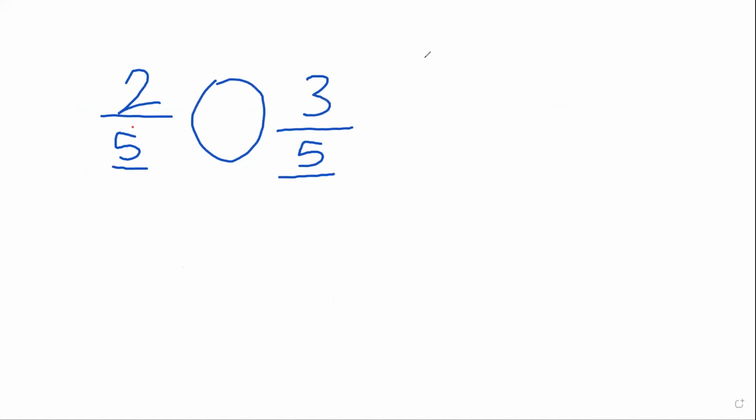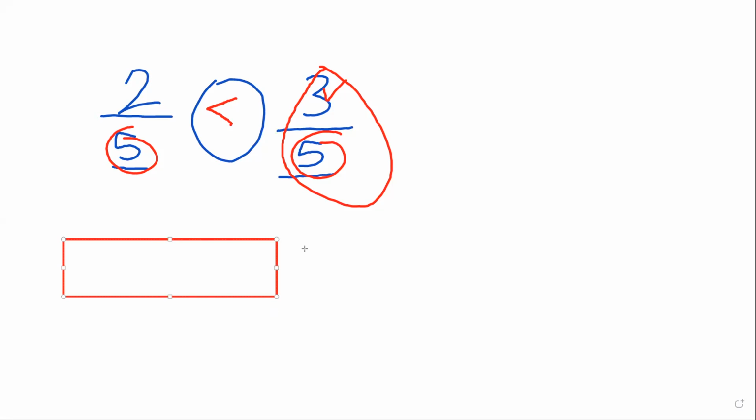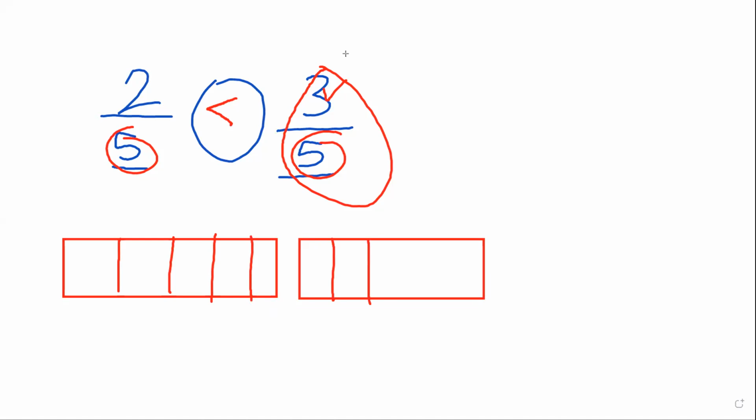If they have the same denominator, the one that has the greatest numerator will be the greater. You ask me, teacher, how? Let's see. Assume that they are equal.